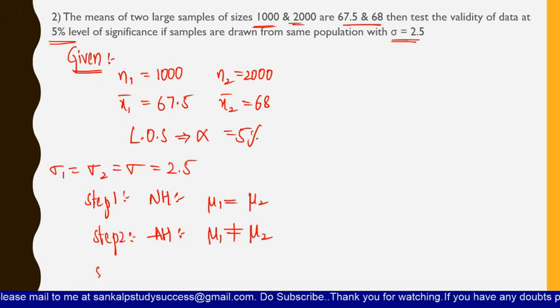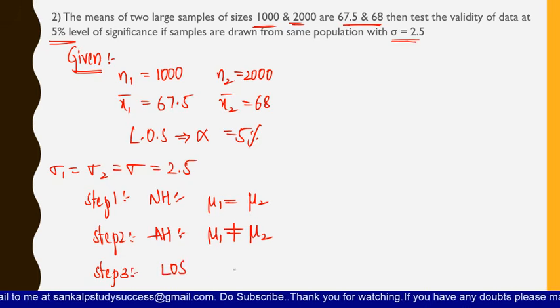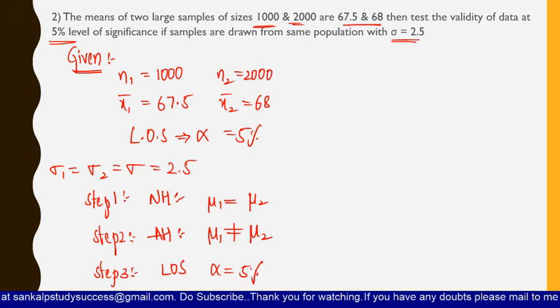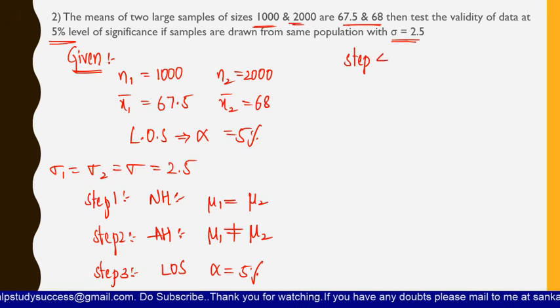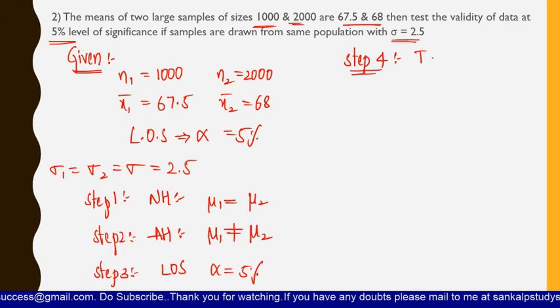Coming to step 3, which is the level of significance alpha. The alpha value is 5%, which is already given in the question. Now let us calculate the z value, which is step 4, the test statistic. The names of the steps should also be specified in the solution.